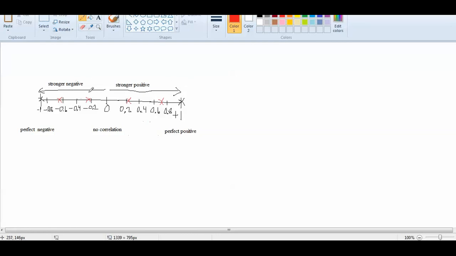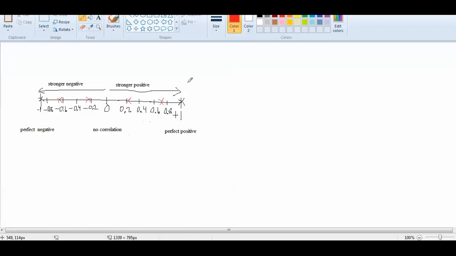So we have the two weaker correlations, the weaker positive and the weaker negative, closer to 0 right here. We have the stronger positive and the stronger negative out here further from 0.